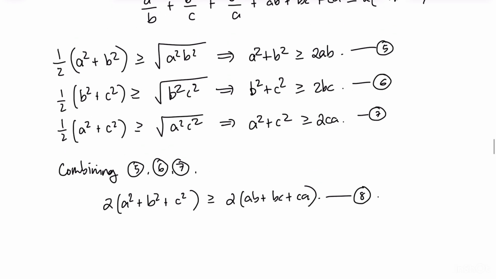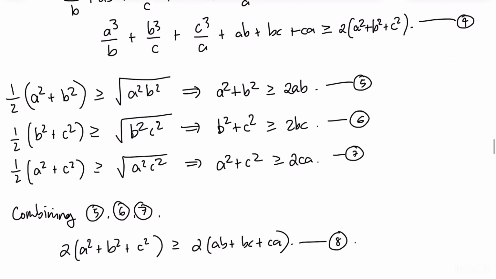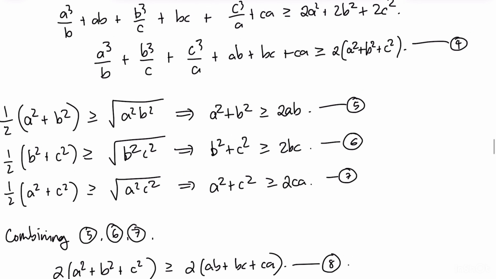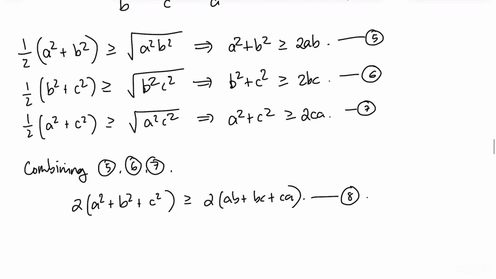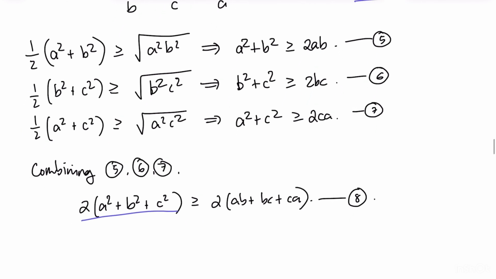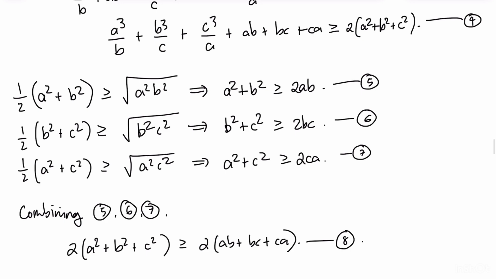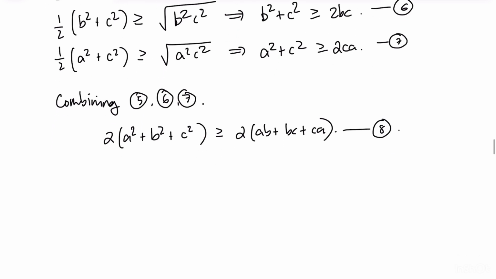Now we can see that 2 times the quantity a squared plus b squared plus c squared appears on the right hand side of inequality 4, so here, which is less than or equal to this whole thing. And we can also see this 2 times a squared plus b squared plus c squared in the left hand side of inequality 8. So we can combine the two inequalities once again, or compare them.